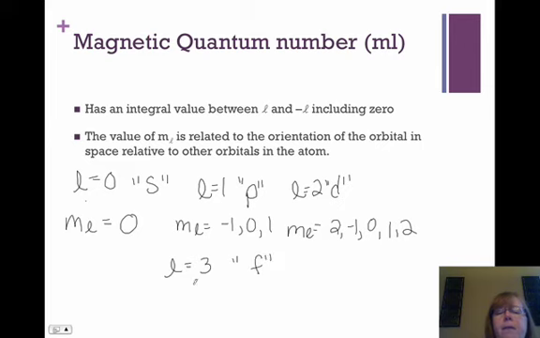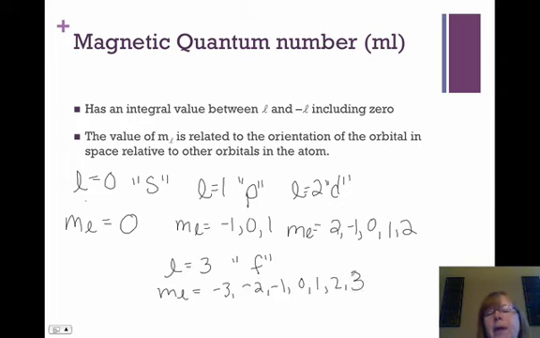That was our f orbitals, and our m sub l is going to be negative 3, negative 2, negative 1, 0, 1, 2, 3, and we have 7 different f orbitals. The value of m sub l is related to the orientation in space of the orbital. And it is going to tell you the number. So we have here 7 different values of m sub l for an f orbital. So we have 7 different orbitals.